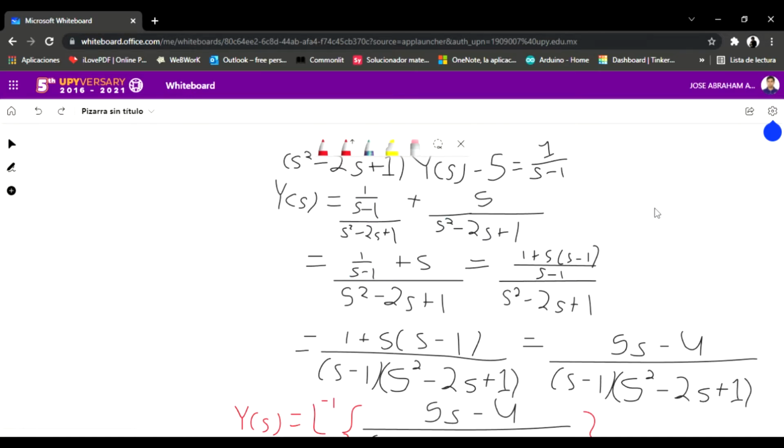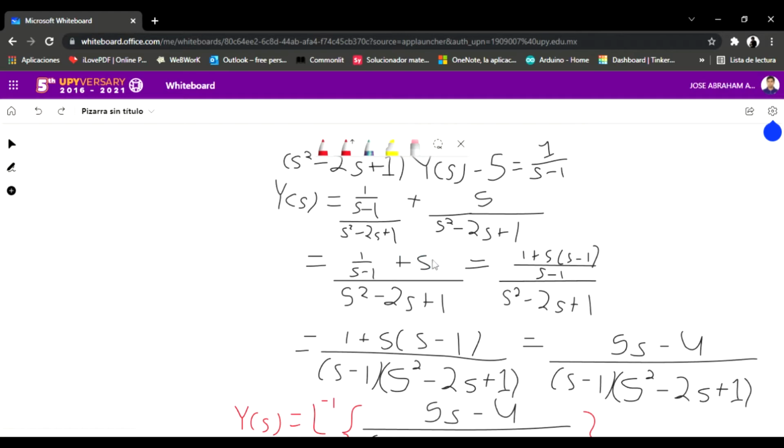For that, as the two fractions have the same denominator, we can put them together. So we have 1 over s minus 1 plus 5, all of this over s squared minus 2s plus 1.